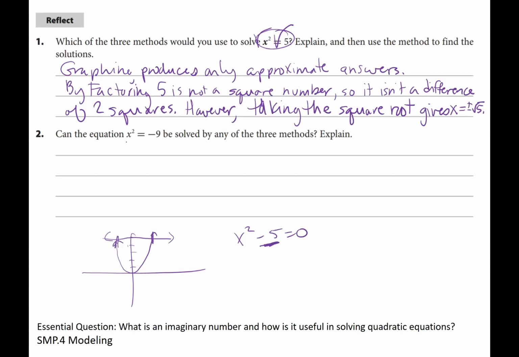Okay, so can the equation x squared minus 9 be solved by any of the 3 methods? Explain. So let's think about that. x squared and negative 9. So if I graphed it, my negative 9 would be down here. It wouldn't cross.